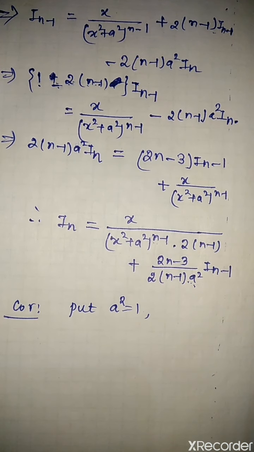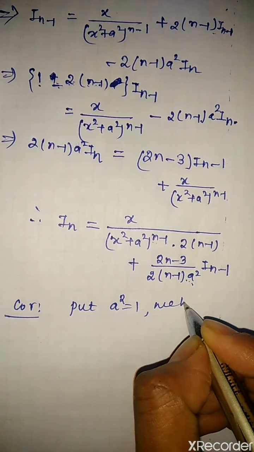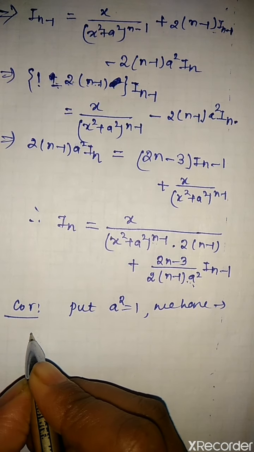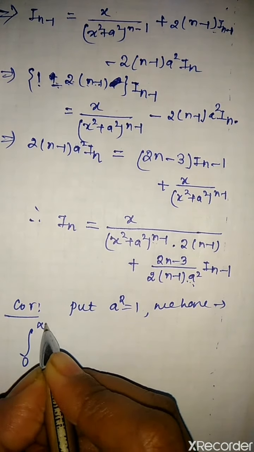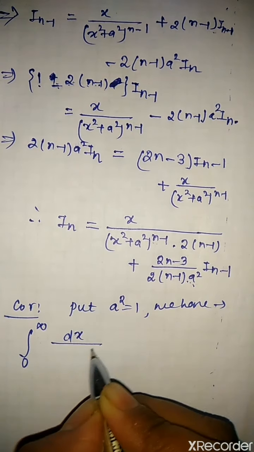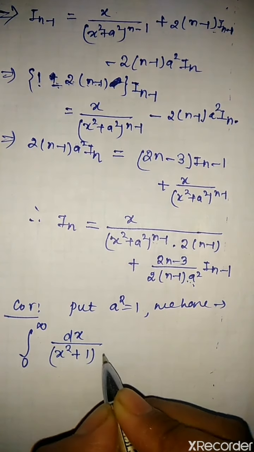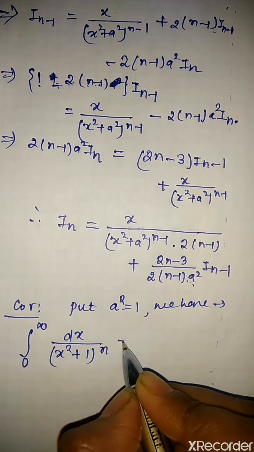I am not putting a equals to 1 or minus 1. We are putting a square equal to 1. So what we have here is I_n, that is integration over 0 to infinity dx divided by (x square plus a square), so (x square plus 1) whole to the power n is equal to.